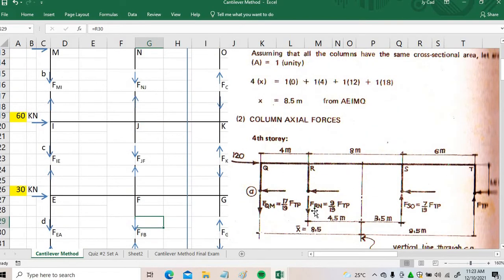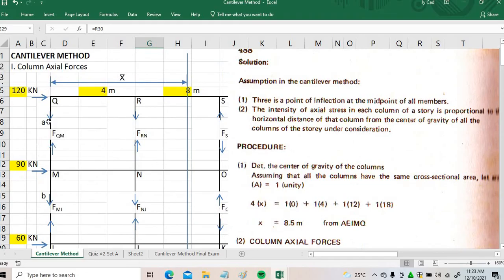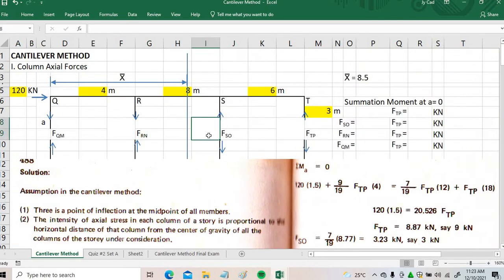So, dito tayo mag-take moment kay A. So, taking clockwise direction as positive, mag-start tayo kay 120, ano? So, 120 times 1.5. Okay? 1.5 dahil 3 all over 2, no?